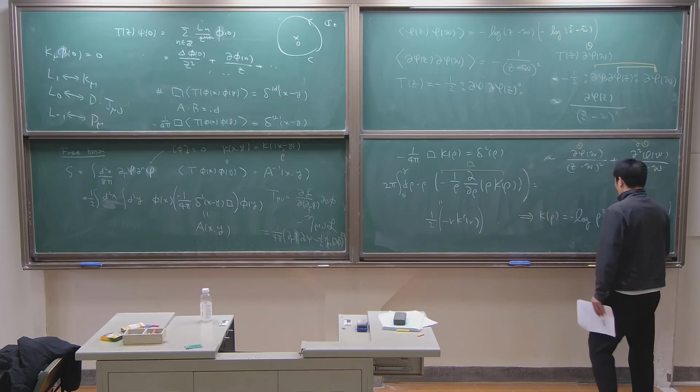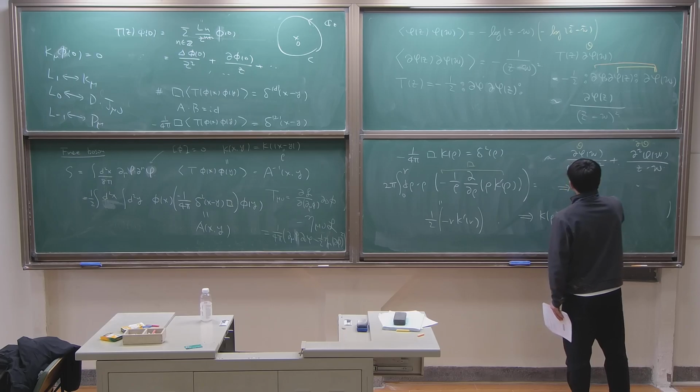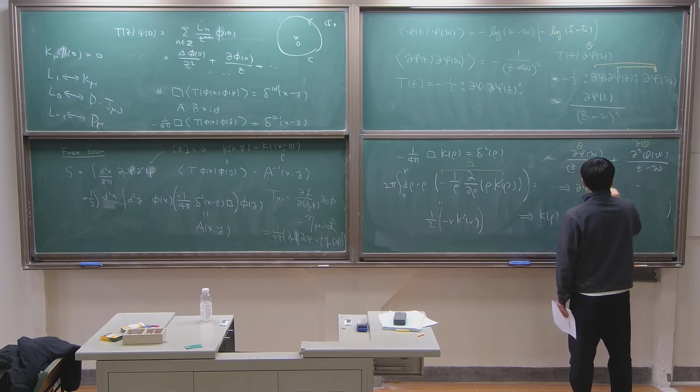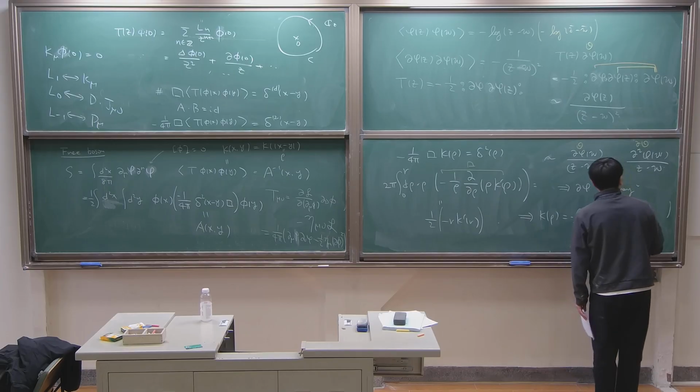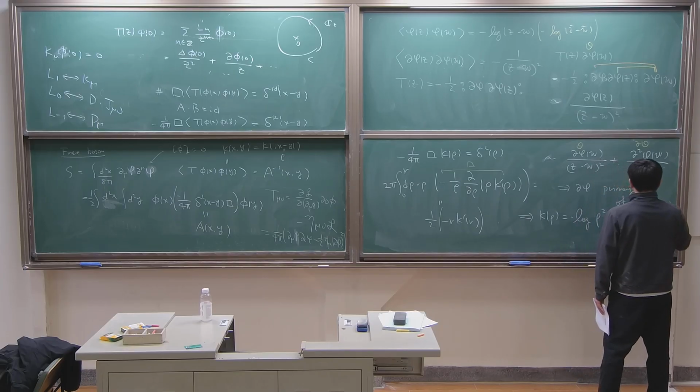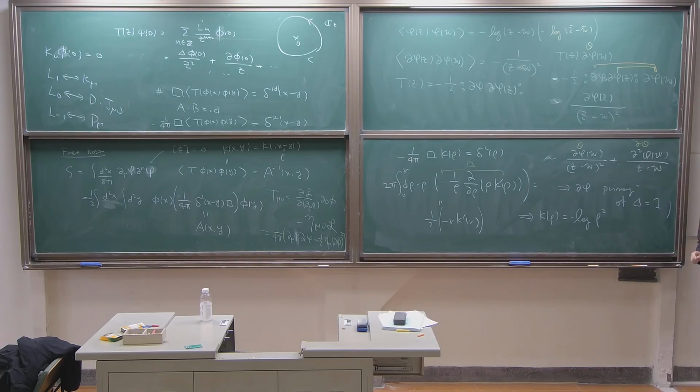Therefore, this means that del phi is a primary of conformal dimension equal to 1. That's what we have from this tutorial. Good, that's what I want to say.